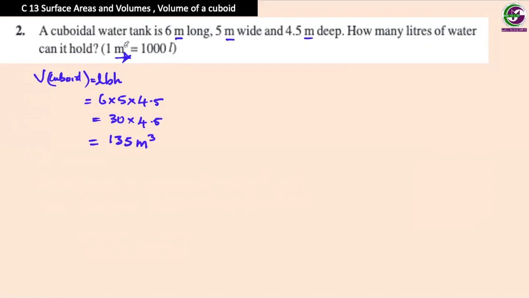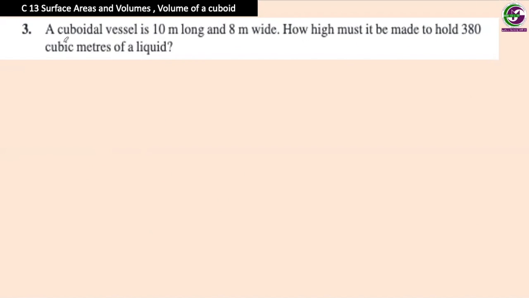Now, each 1 meter cube can be changed to 1000 liters. So 135 can be changed to 135,000 liters. Therefore, it can hold 135,000 liters of water.